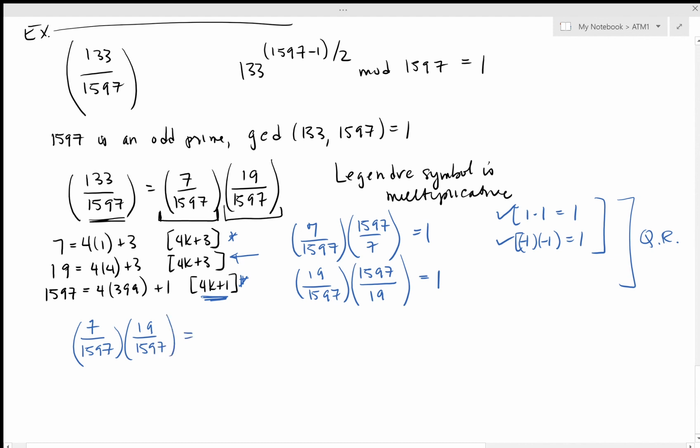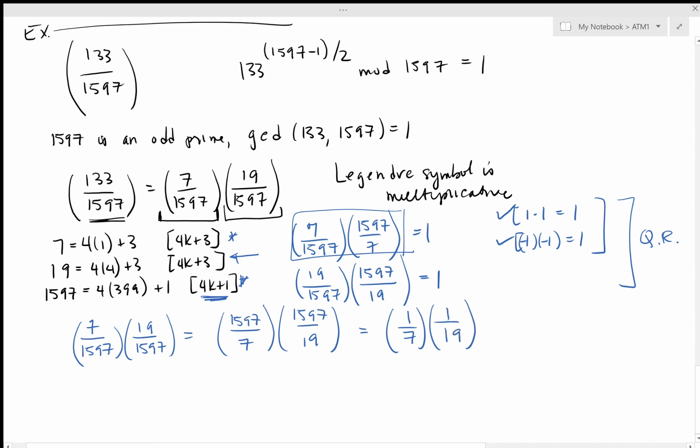Because this product is 1, I can replace this 1597 with 7, and I can replace this one, 1597, with 19. That will not change the result. Then I can use the periodicity property of the Legendre symbol, and I can simply take 1597 mod 7, and I get 1. And I take 1597 mod 19, and I also get 1.